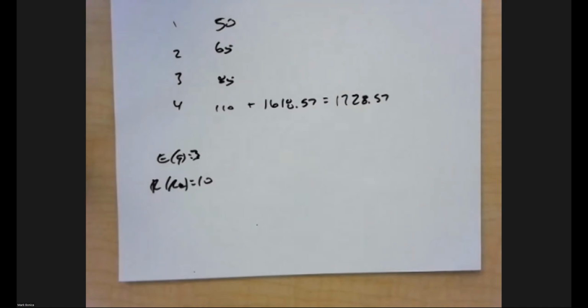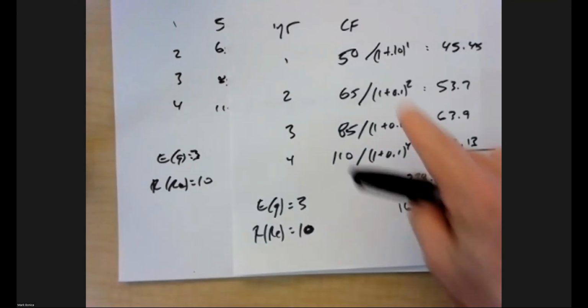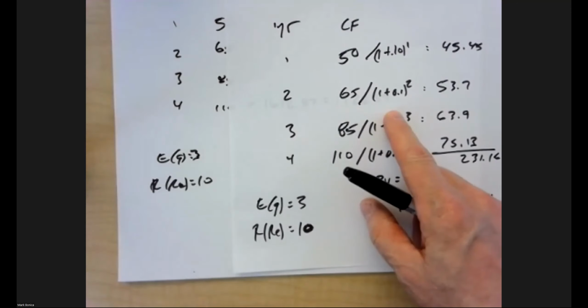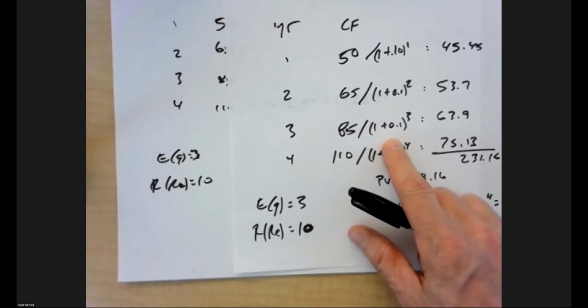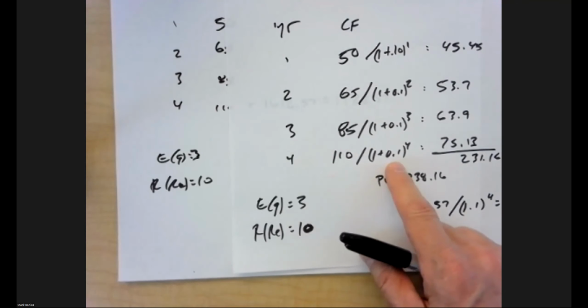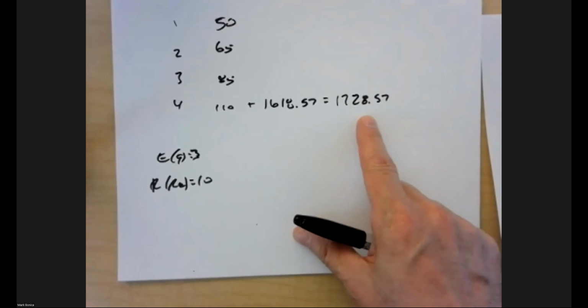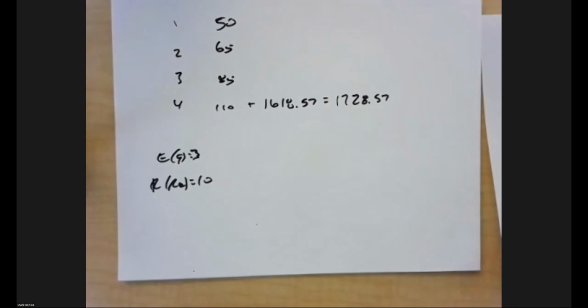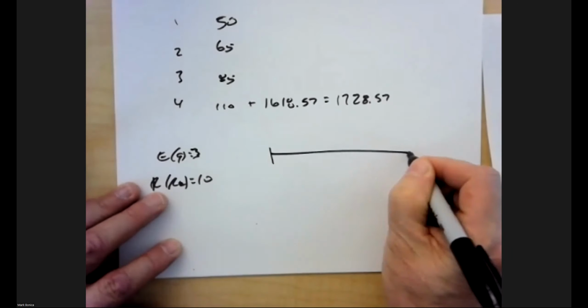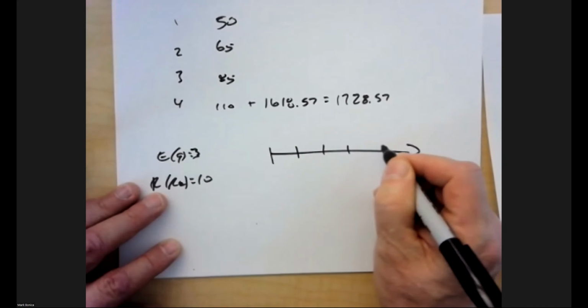And now I can just take the 4 present values, or I could use the cash flow register to get my present value of these 4 cash flows. So you could do the same thing we did a minute ago: 50 divided by 1.1 raised to the first, 65 divided by 1.1 raised to the second, 85 divided by 1.1 raised to the third. And then instead of doing 110 divided by 1.1 to the fourth, I do 1728.57 divided by 1.1 to the fourth, because I've got 1, 2, 3, 4.